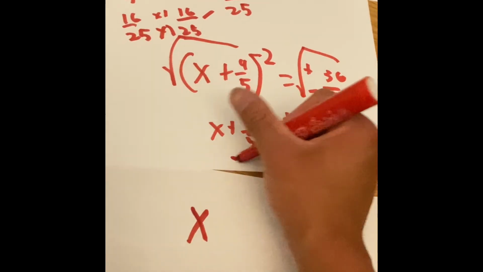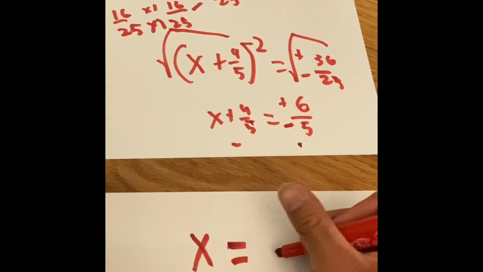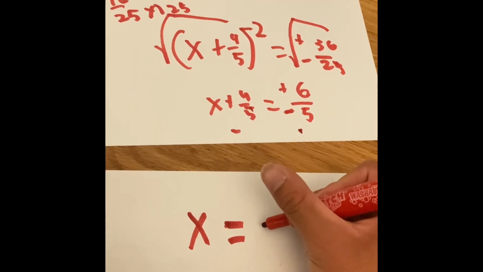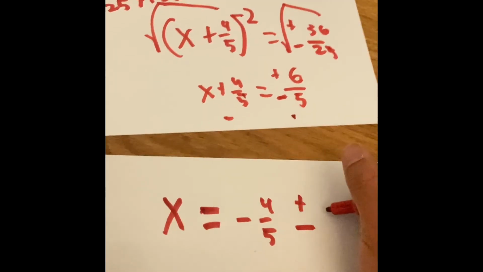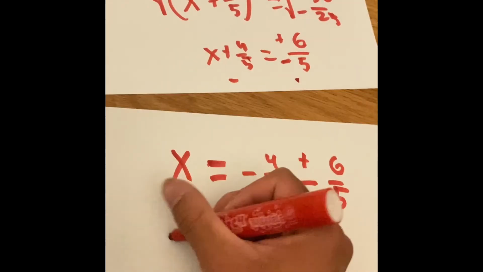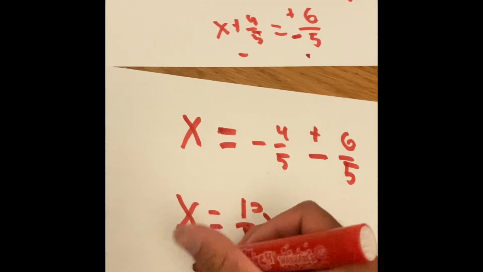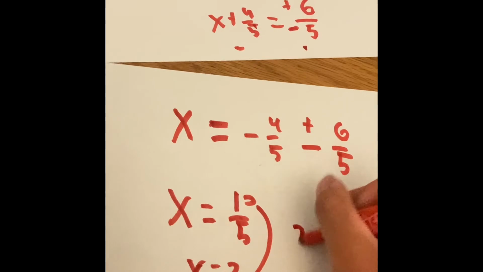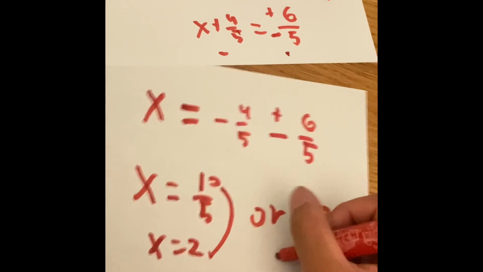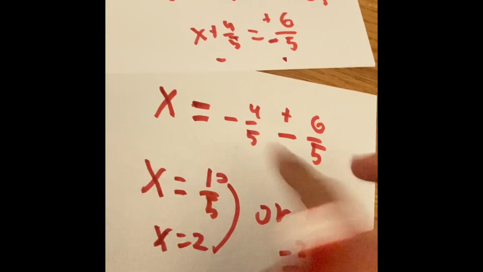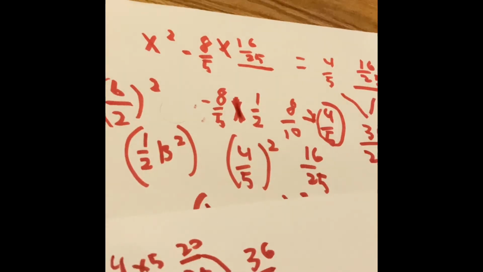Now we have to subtract 4 over 5 from both sides. So x is going to equal our final answer, negative 4 over 5 plus or minus 6 over 5. You will get x equals 10 over 5, which simplifies to x equals 2, or x equals negative 2 over 5.